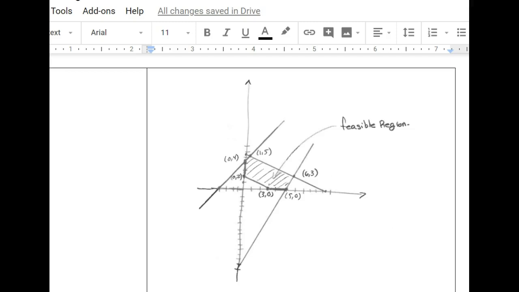This is the graph that you would have seen. This is in your notes for this section. I'm not going to do all the graphing here. I'm assuming that you can graph linear inequalities, but here's the deal: if there's a solution to this problem, it lies in this region in the center.